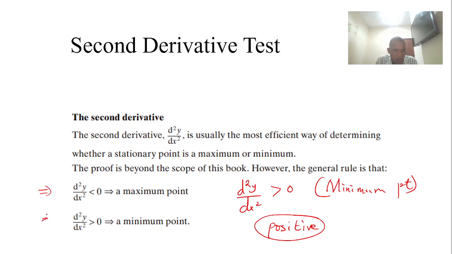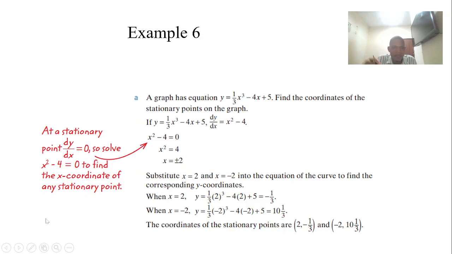Now let's have an example. Don't forget, at a stationary point, your dy over dx must be equal to 0. Good. Now let's have this question.